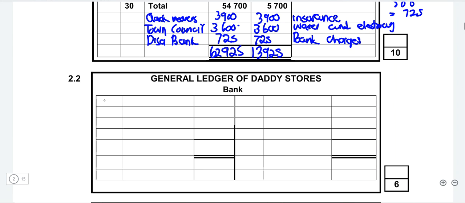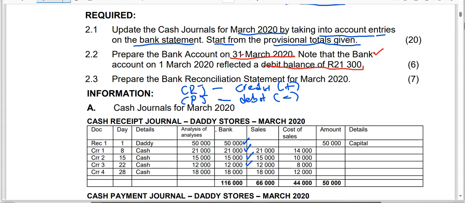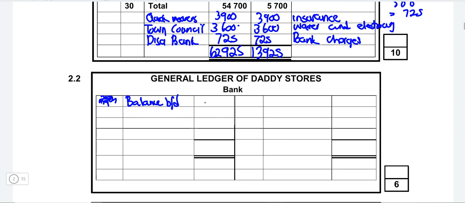So I'm going to come here and say, let me just check whether it's 2020 or 2021. So it's 2020. So I'll just say 2020 March the 1st. Then I would have my balance brought down as according to our information it is 21,300. So I'd have it as my 21,300.